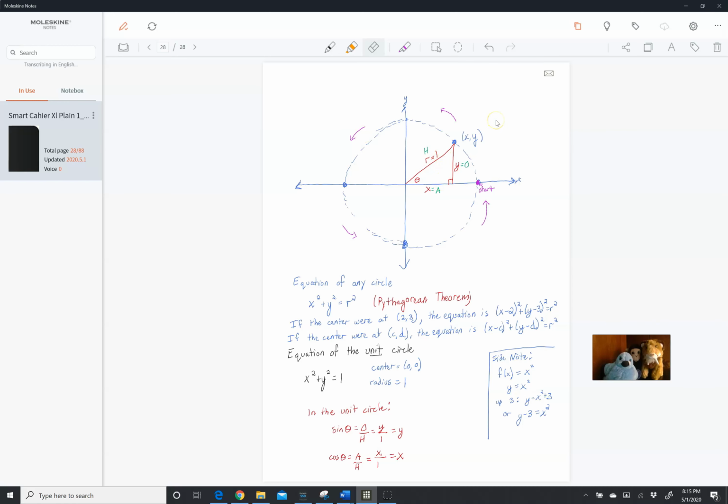We also have quadrants, and this is true of any graph, anything on the coordinate plane. This here is quadrant 1, because when we travel around the circle, this is the first quadrant that we go through. We're going counterclockwise, so this is the second quadrant that we travel through. We can just use a Q. Notice we use Roman numerals. Then this would be the third quadrant, and finally, we finish up in the fourth quadrant.